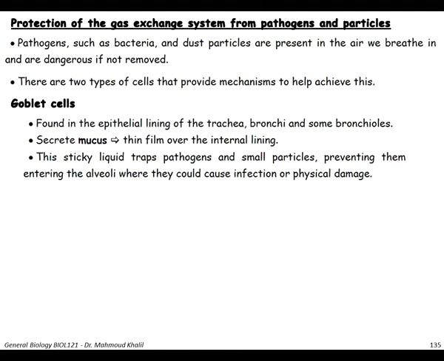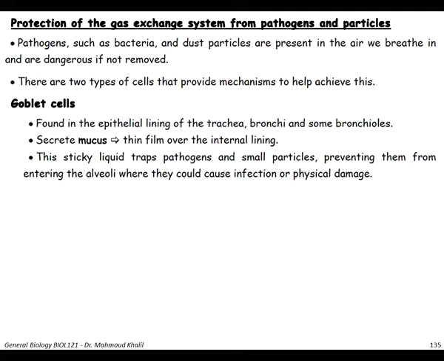We have the goblet cells, found in the epithelial lining of the trachea, bronchi, and some bronchioles. They secrete mucus, a very thin film secreted over the internal lining. This sticky liquid traps pathogens and particles, preventing them from entering the alveoli.